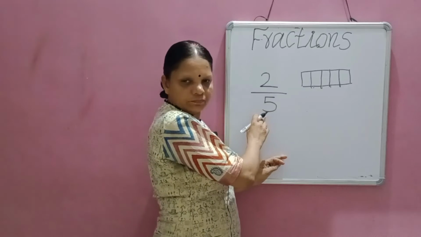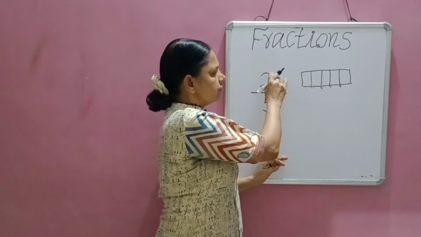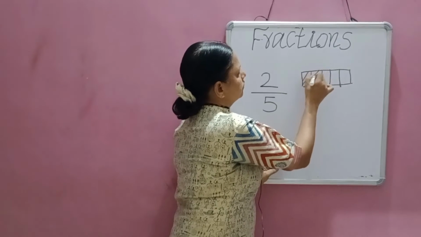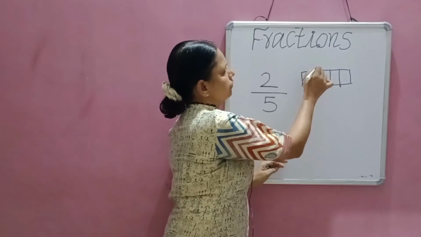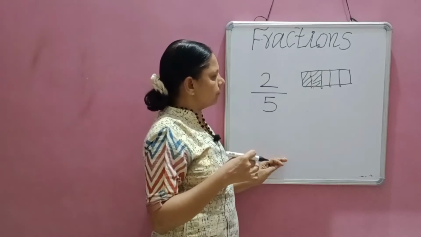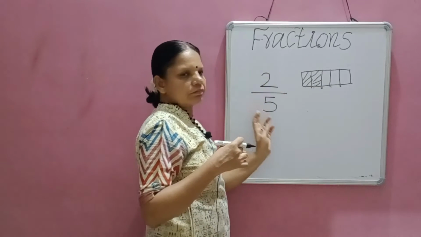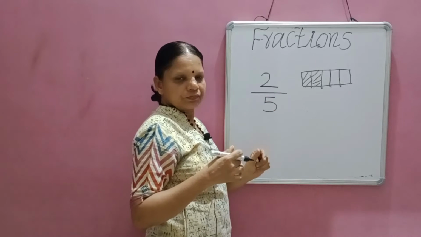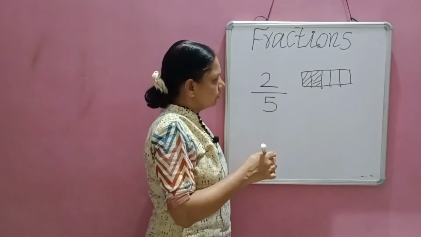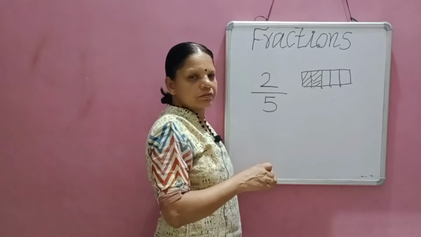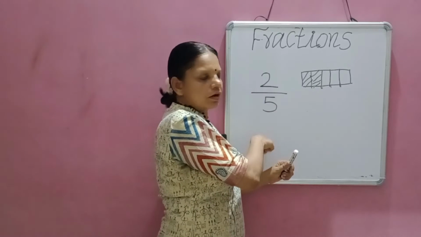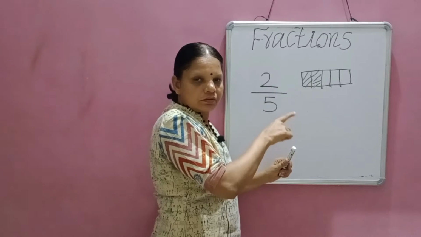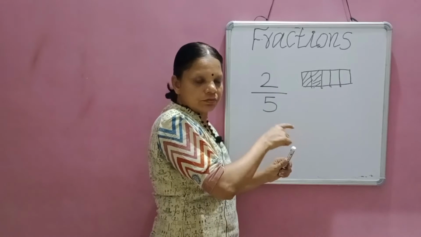That is the denominator. And how many parts are taken? 2 parts. The shaded parts represent this number, 2 upon 5. So remember this fraction. These fractions are less than 1 and greater than 0.